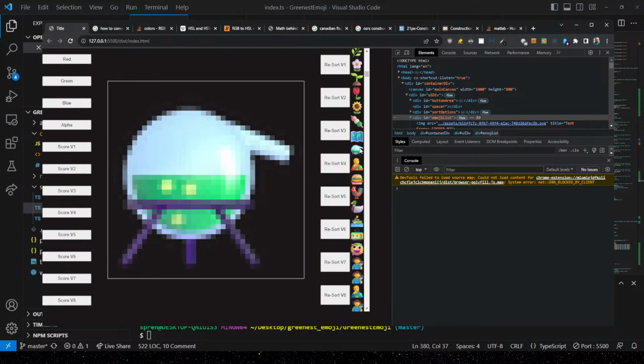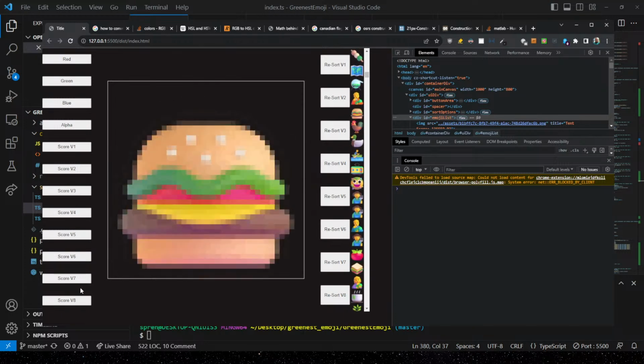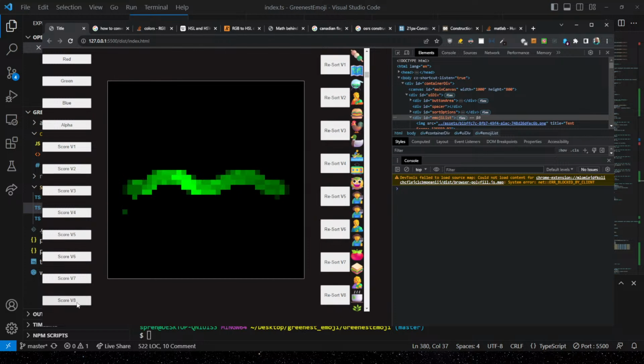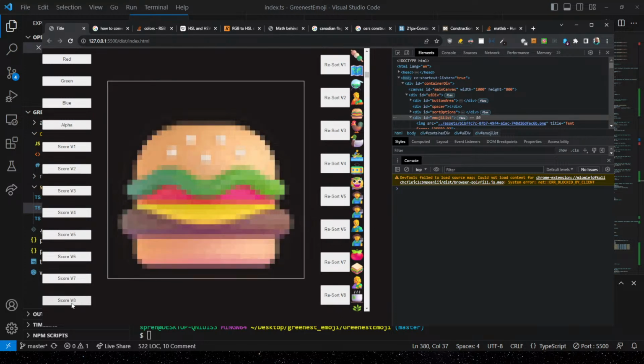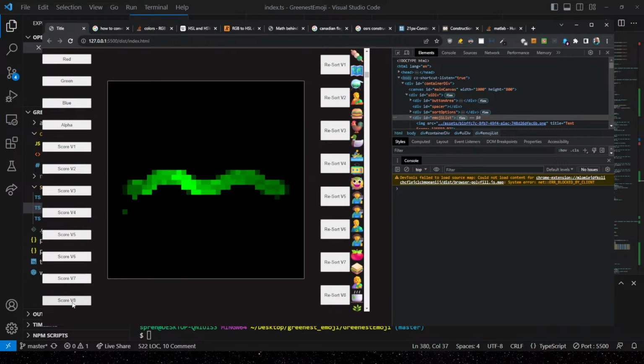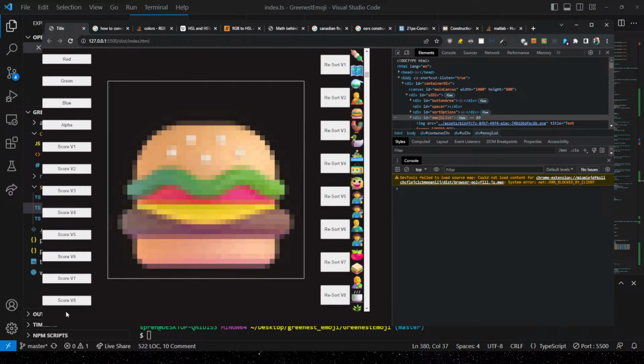Oh, this is a rare one. Yeah, alembic. Find the lettuce on the burger. There it is. You love to see it. Also 1 pixel of the pink, I guess. That's a little bit weird.